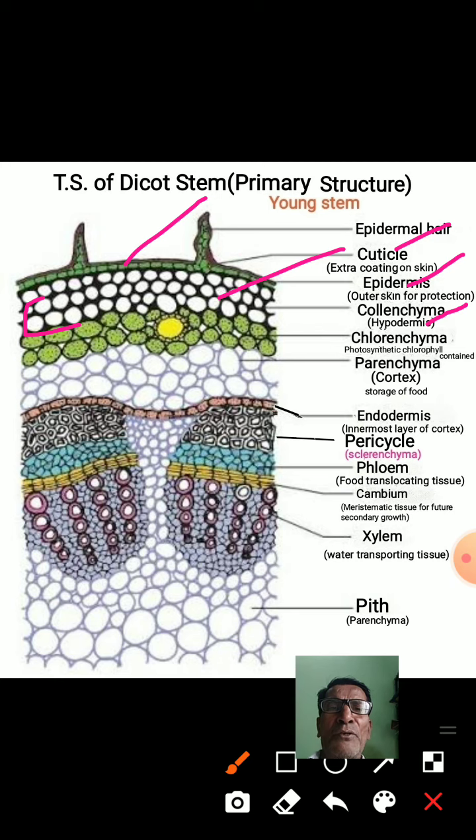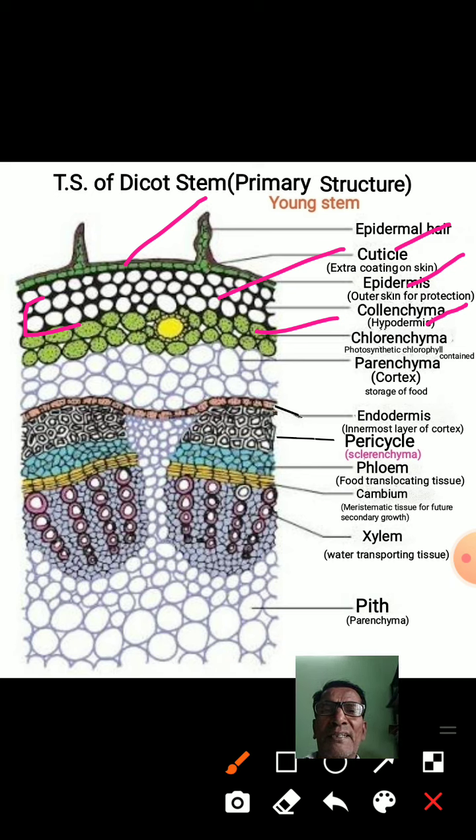Now, below the hypodermis, there is a ground tissue called cortex. This cortex is made up of parenchyma tissue. The outer part of the parenchyma tissue in the region of the cortex contains photosynthetic pigments. For example, this is the region over here.